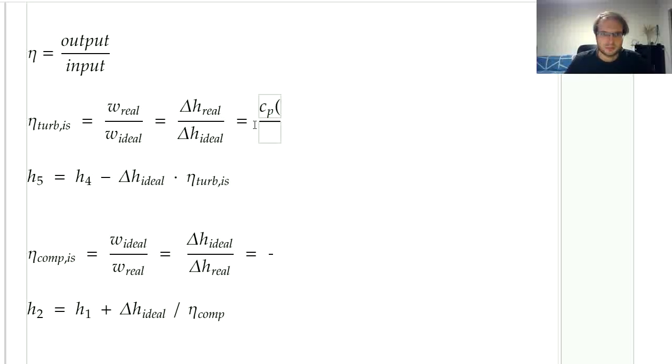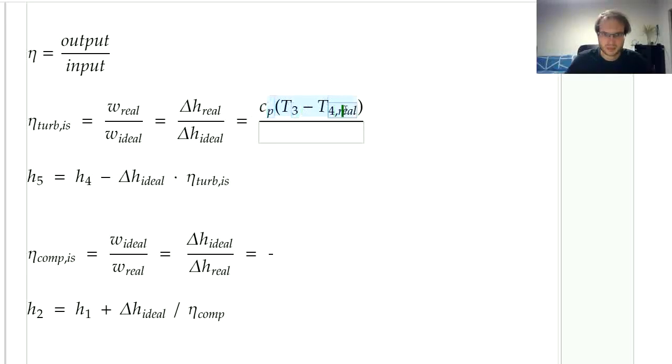So the expansion at the turbine takes place from points 3 to 4. It would be Cp times T3 minus T4 real.